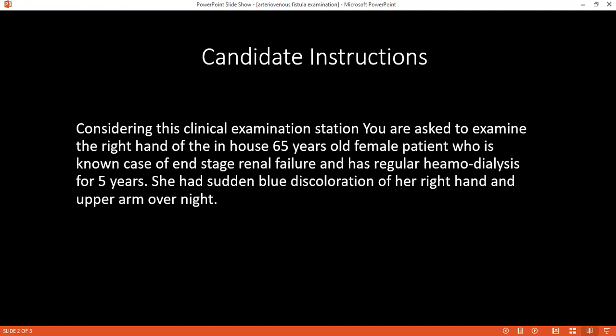In summary, I've examined a 65-year-old woman who is on irregular hemodialysis for end-stage renal failure. She has an AV fistula on the right hand, which I think is a radiocephalic fistula. There is an associated bluish discoloration around the site of the fistula.